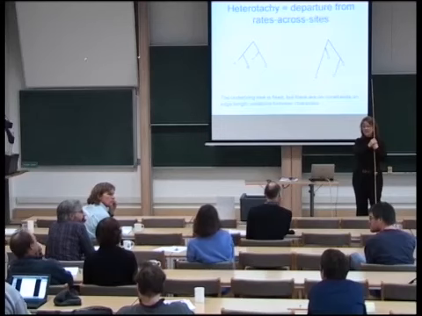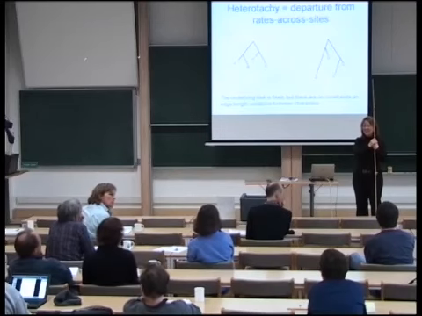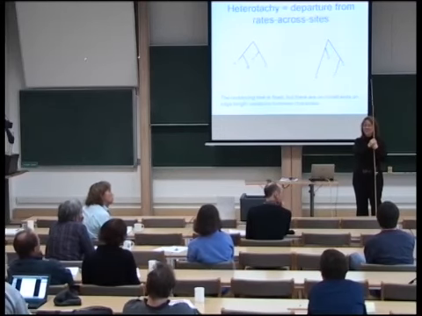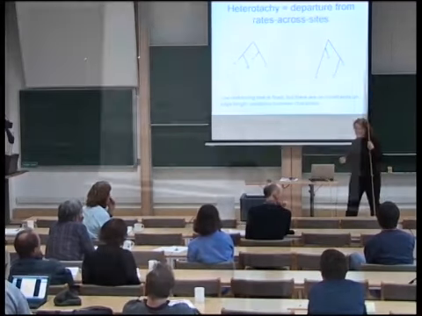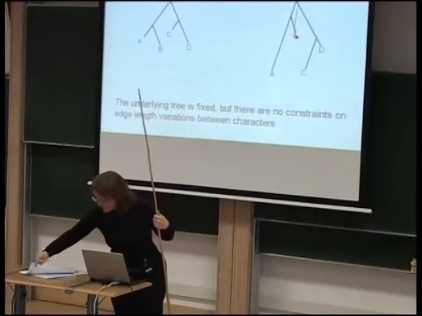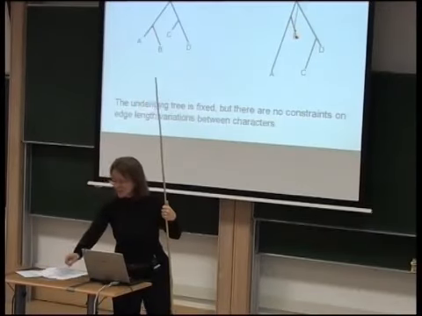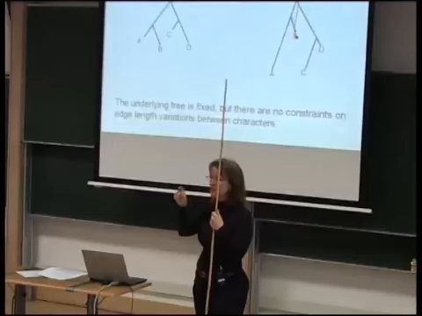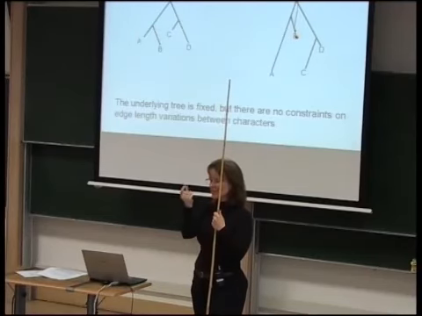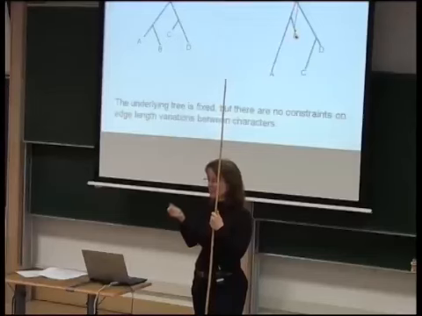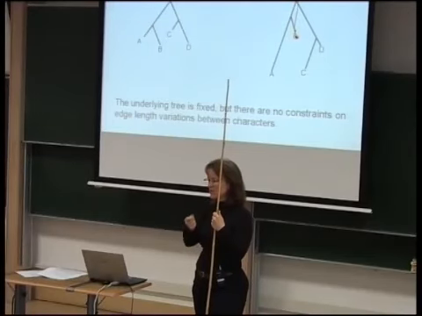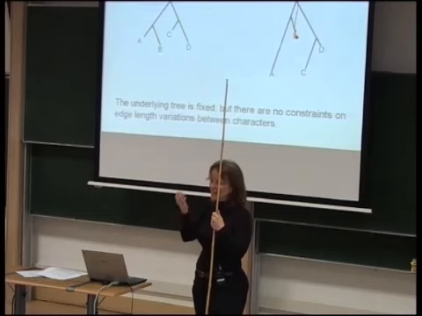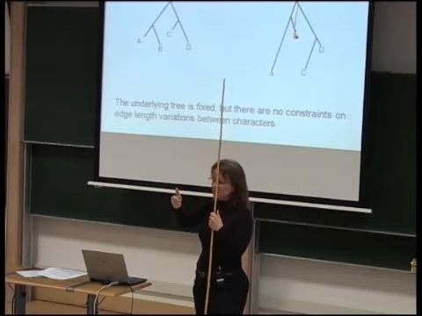How do we generate the noise? Well, the details you can ask me individually, but it's basically this: you have a particular edge length for the underlying tree. Then you're looking at a particular character and you're flipping a random coin with a certain expected value, and then you multiply that edge by 1 plus the number that you created.